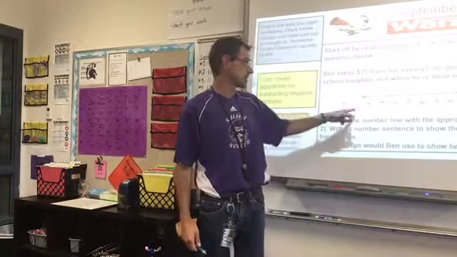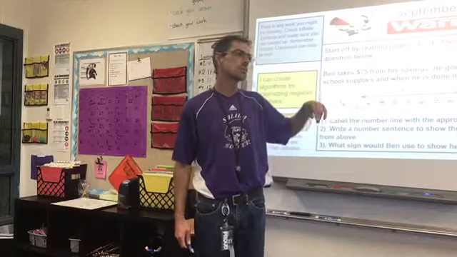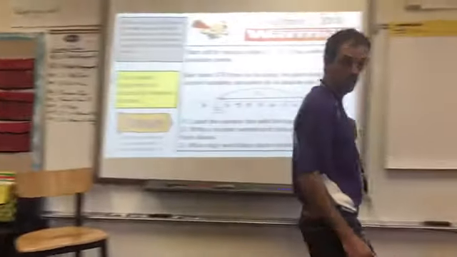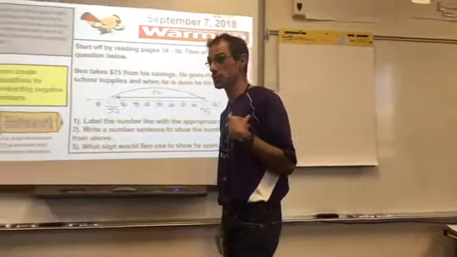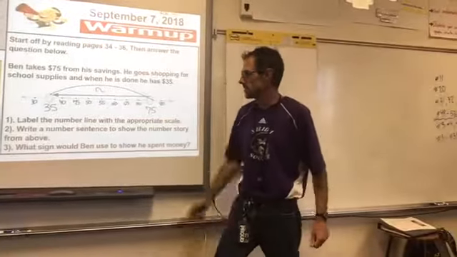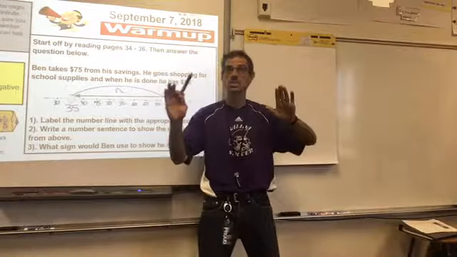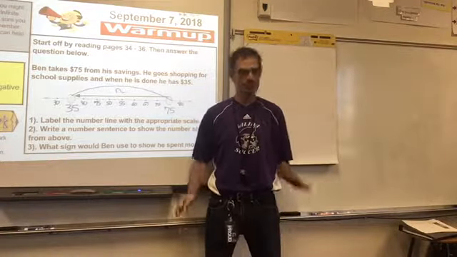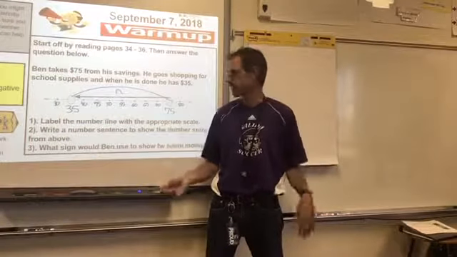Still work, but maybe not as accurate. Because 35 isn't on 15, is it? Nope, 75 is. So, label the number line with the appropriate scale. I went by 5s. You could go by 10s. Either one of those work. 15, I don't know about that. You can make it work, but it's not accurate.